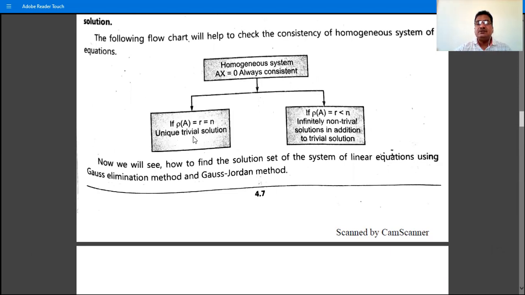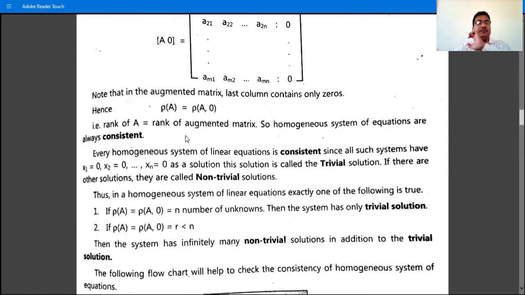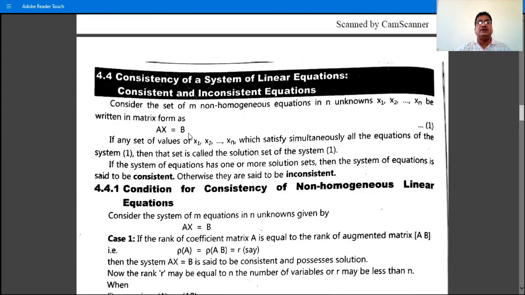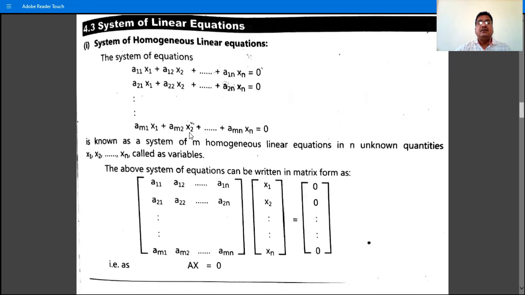What is the solution of that homogeneous system? The values of all variables are equal to 0. That is, suppose x1, x2, ..., xn are variables, then x1 = x2 = ... = xn = 0 is called the trivial solution. If you substitute x1 as 0, x2 as 0, xn as 0 in the first equation, it is satisfied. If you substitute them in the second equation, it is also satisfied.